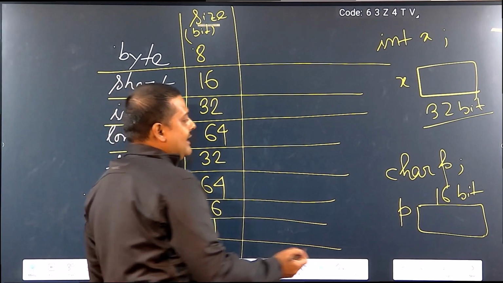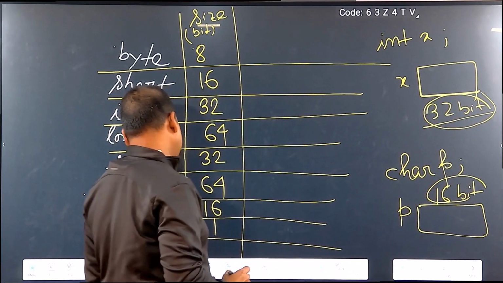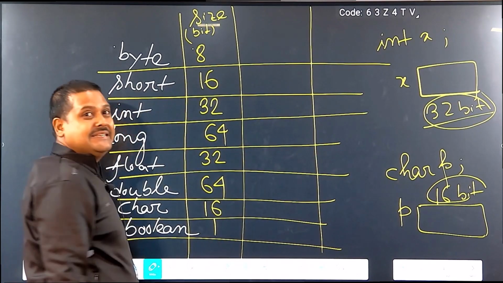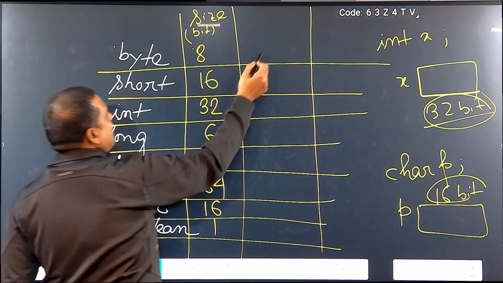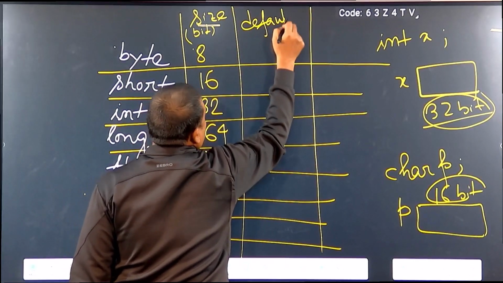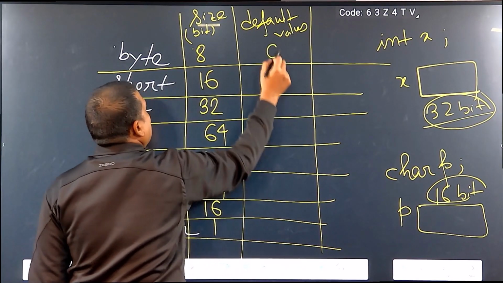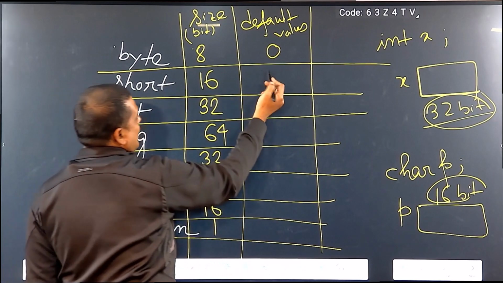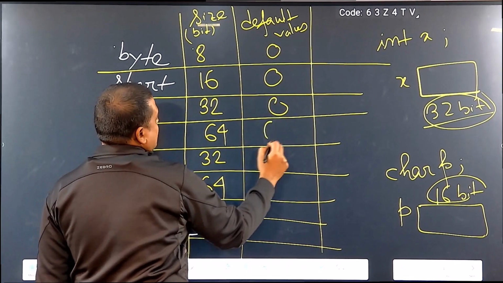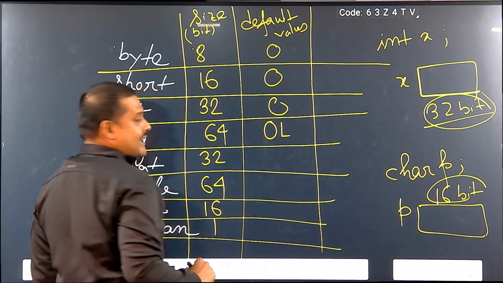Some will occupy less space, some will occupy more space, and they have their default initial values also. Byte is 0, short is 0, int is 0, and long is 0, sometimes written as 0L.